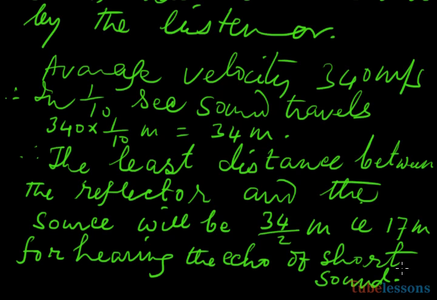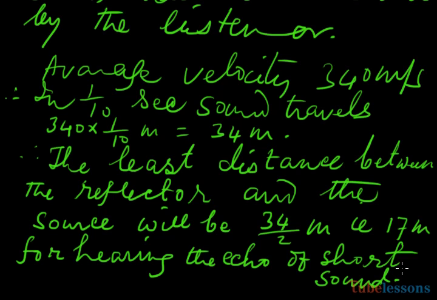Though there is a reflector, the echo will not be heard if the reflector is not placed at least 17 meters away from the source, and therefore for hearing the echo of a short sound or momentary sound, the minimum distance between the reflector and the source must be minimum 17 meters.